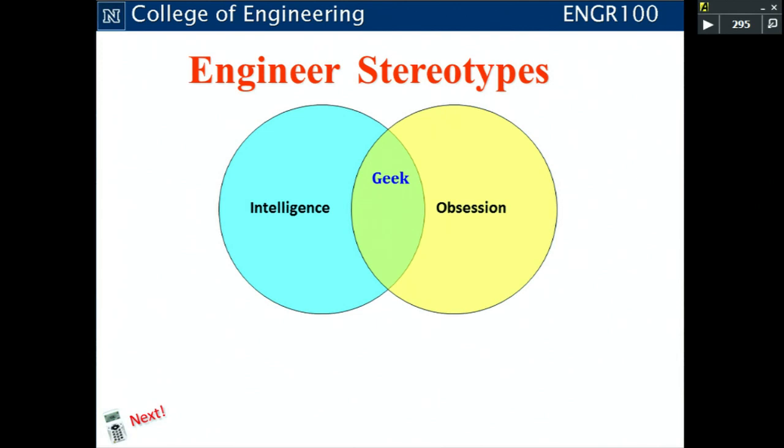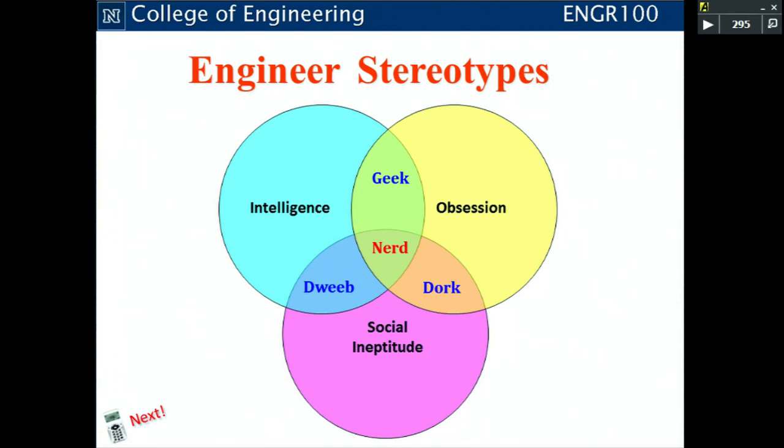What else is typical of an engineer? Well, again, these are stereotypes. The social ineptitude. And now, of course, these are like Venn diagrams from math, remember those? At least I do. You can look at the overlap areas between all of these. If you match all of these, you can call yourself a proud card-carrying nerd.